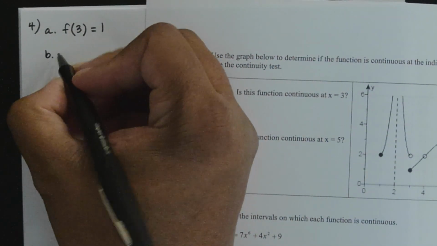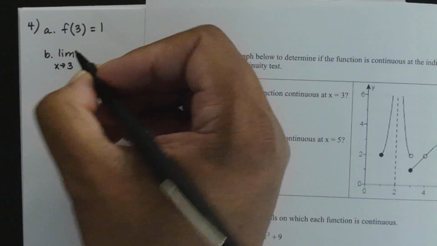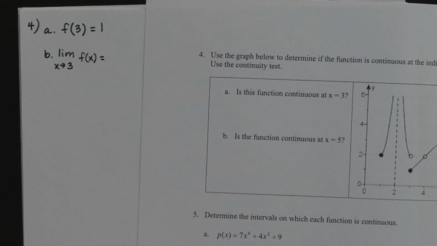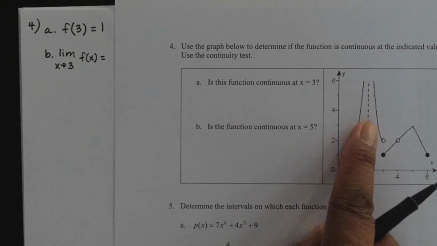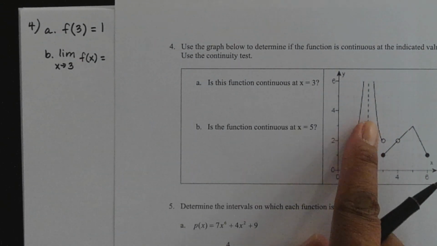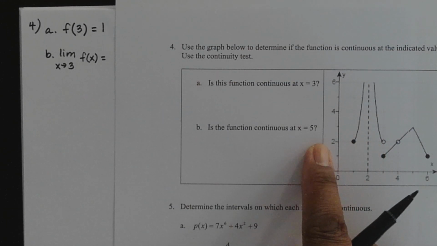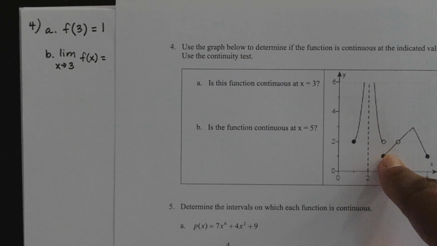Now part B, the limit as x approaches 3 of that function must also exist. And it's got to be on the left and on the right. If we come in from the left of 3, where is this graph getting closer and closer to? To 2. Now, what about as we come in from the right of 3? 1.